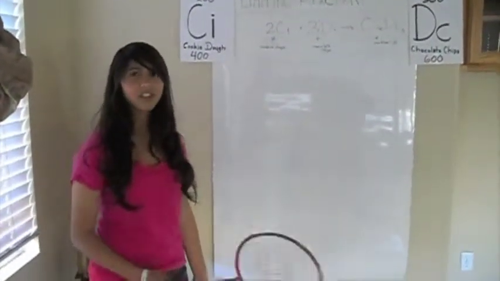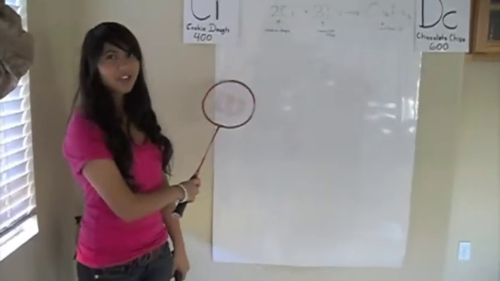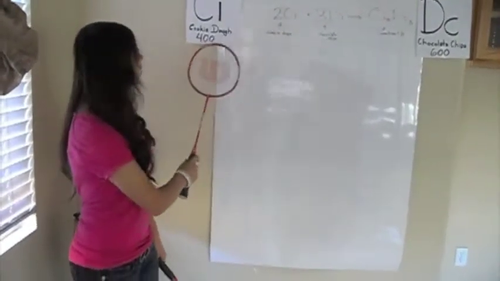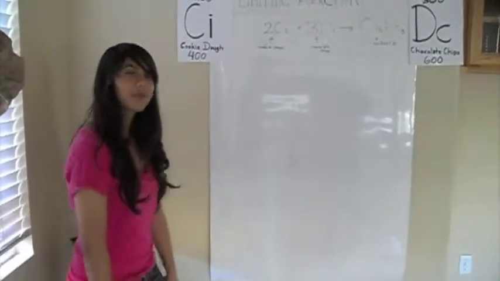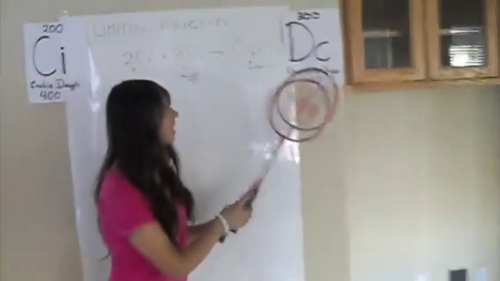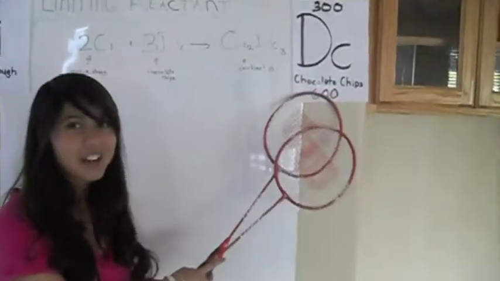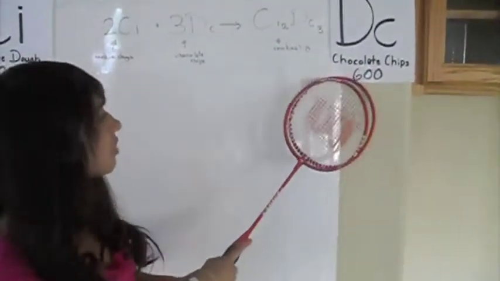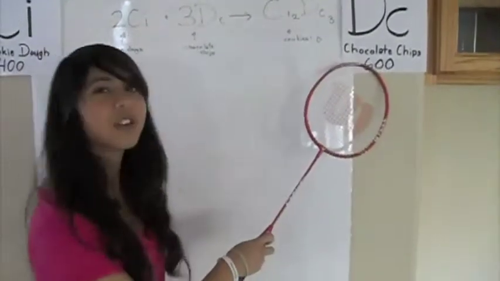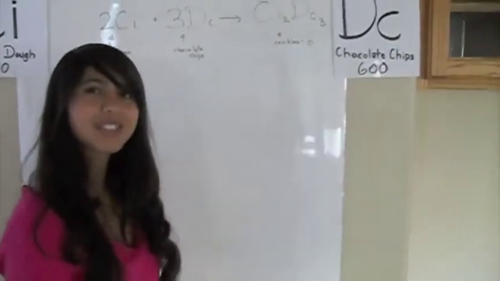Right now we are given 55,200 grams of cookie dough, divided by 400 grams, which makes 126 moles of cookie dough. We have 108,000 grams of chocolate chips, divided by 600 makes 180 moles of chocolate chips.